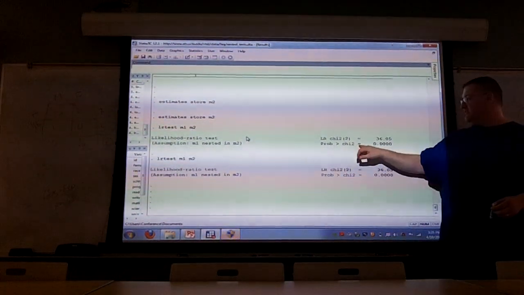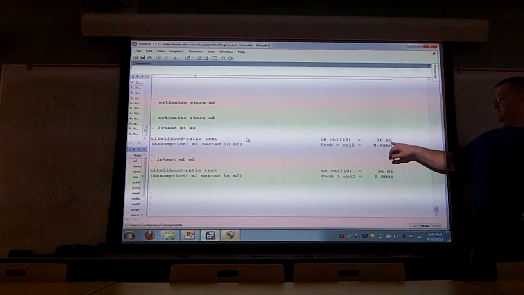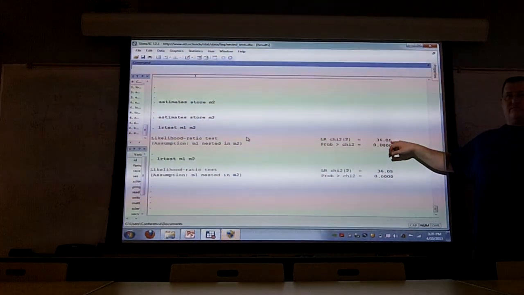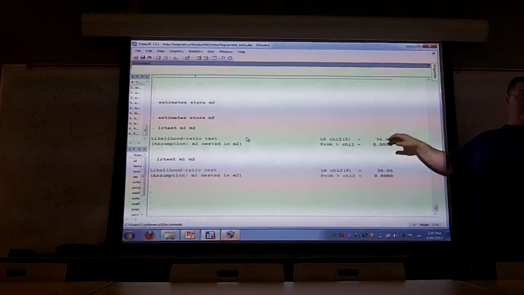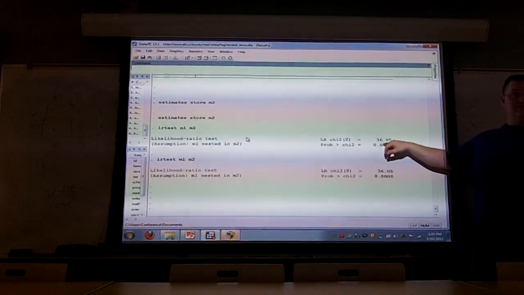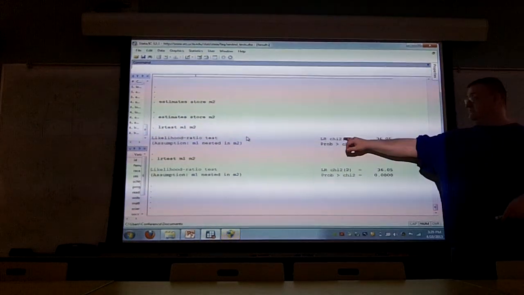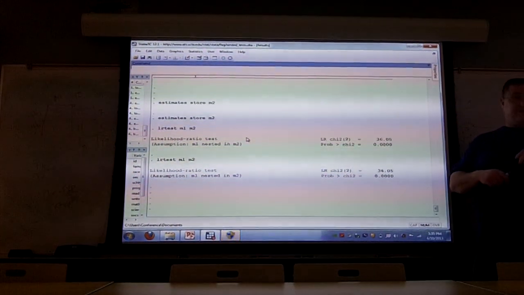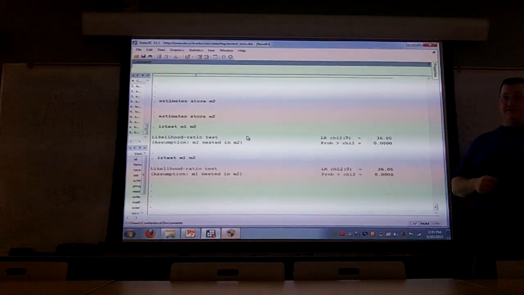So notice the likelihood ratio, or the difference between the -2 log likelihoods, is going to be 36.05. If I were to take the log likelihood from model 1 and the log likelihood of model 2, multiply them both by -2, then take the difference, I get this. It's based on 2 degrees of freedom, because the big model had 4 parameters, the child model had 2 parameters.